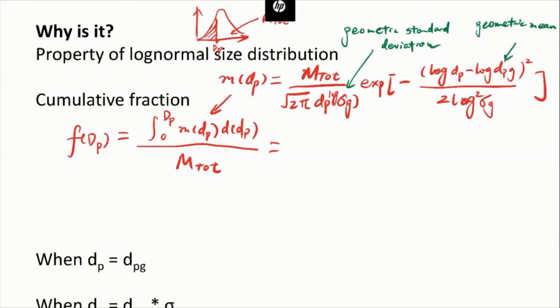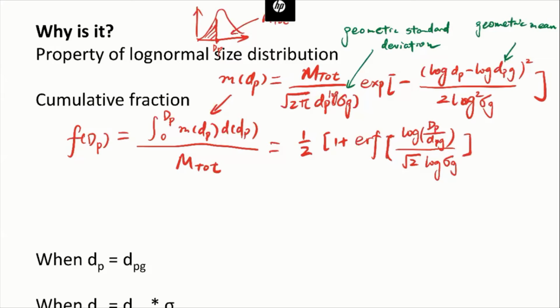So the final solution for this equation is actually this: 1/2 times 1 plus the error function of log(dp/dpg) divided by the square root of 2 log sigma g. So the final solution looks like this.